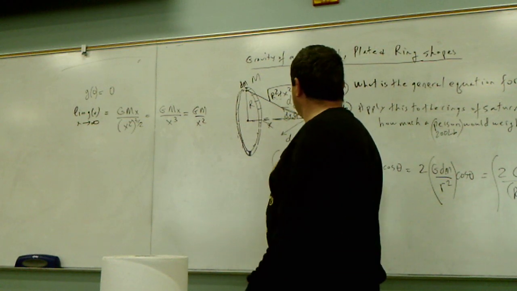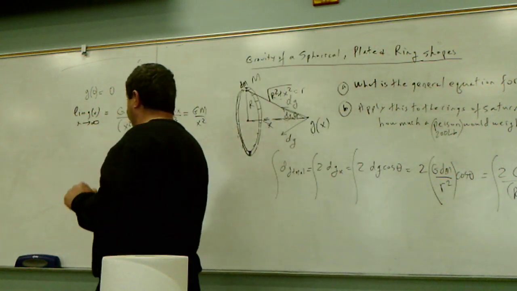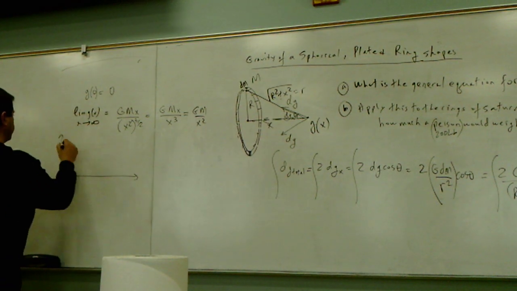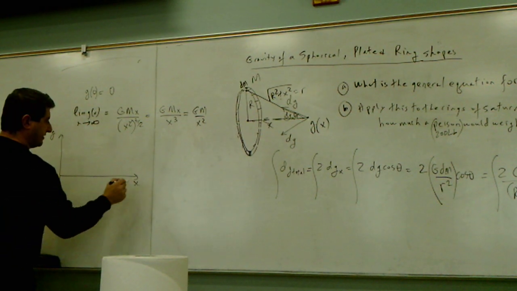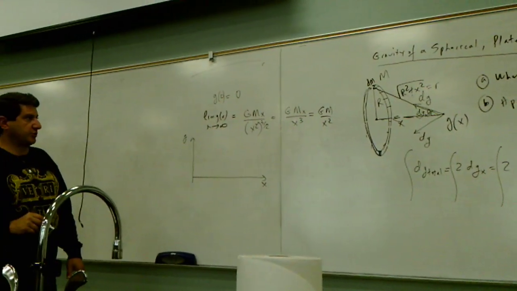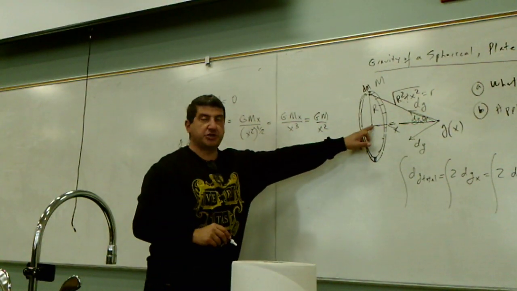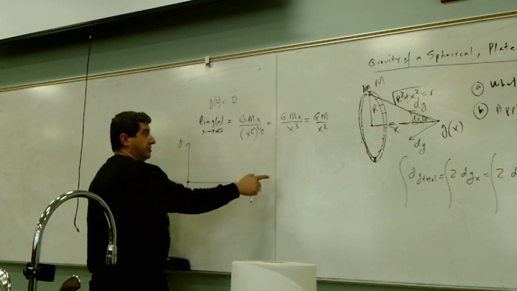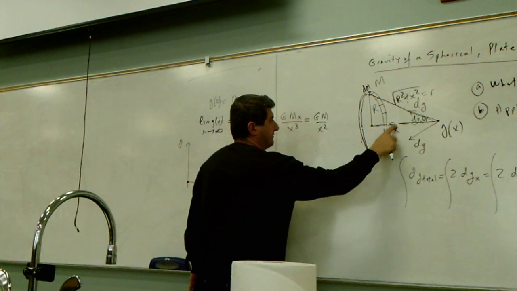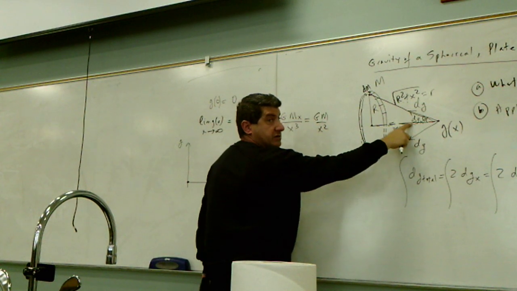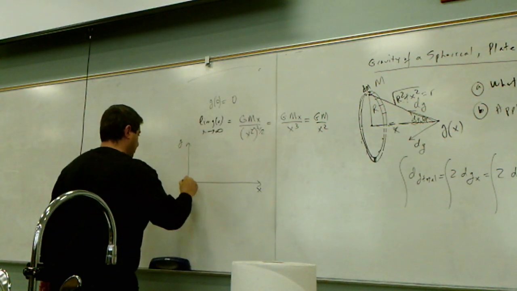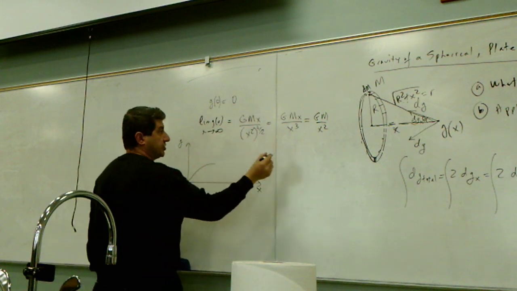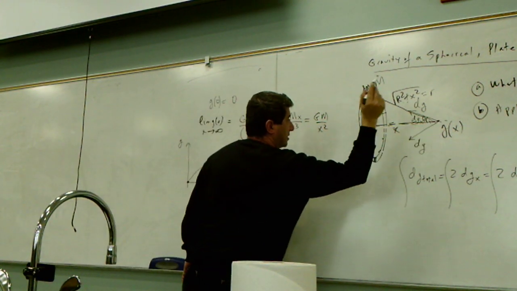Right? So if we were to plot the strength of the g field as a function of x, here's what's happening. Right at the center, the g field is 0. As you get farther away, the gravitational field is increasing in strength, until you reach a certain point somewhere.